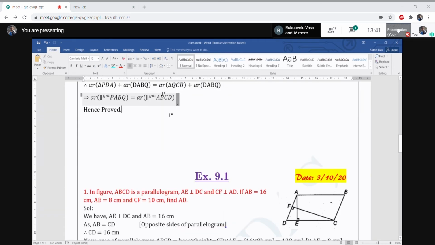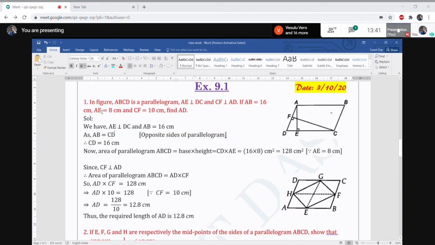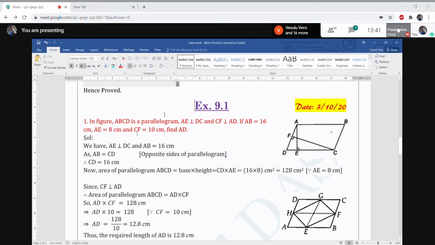The first exercise question is on page number 172, if you have the book. Question number 1 says ABCD is a parallelogram, where AE is perpendicular to DC and CF is perpendicular to AD.